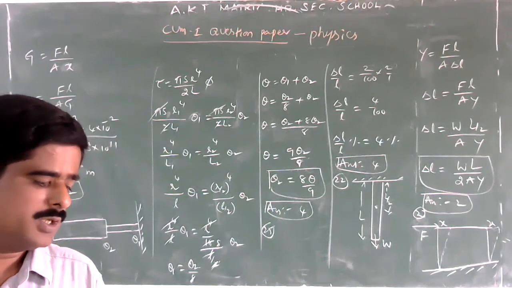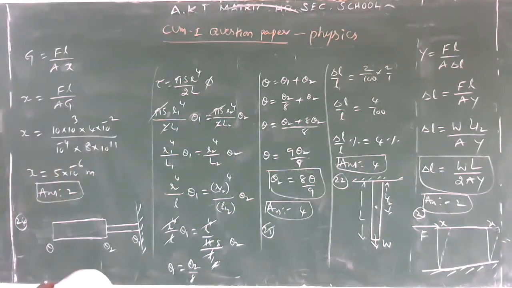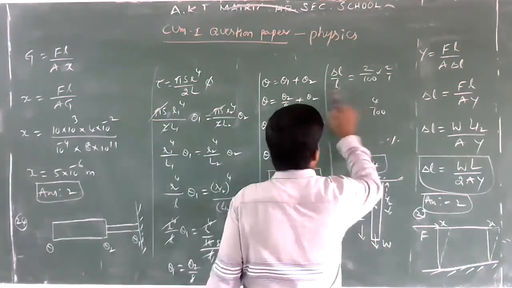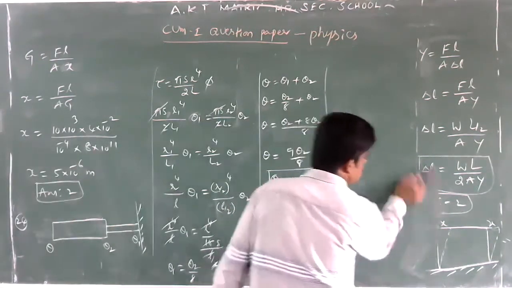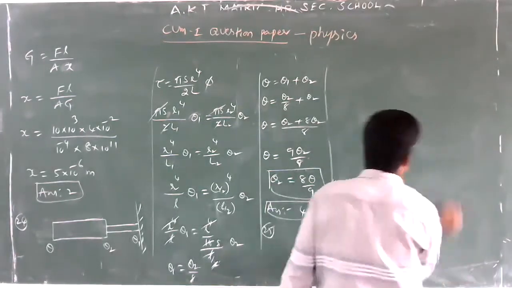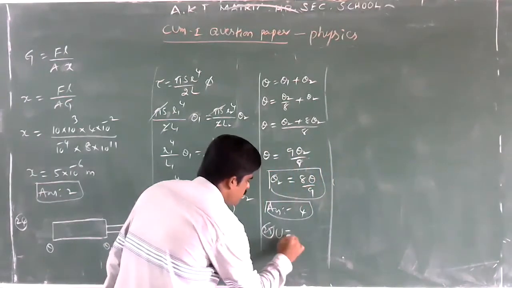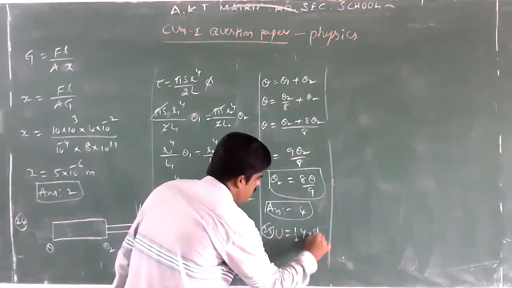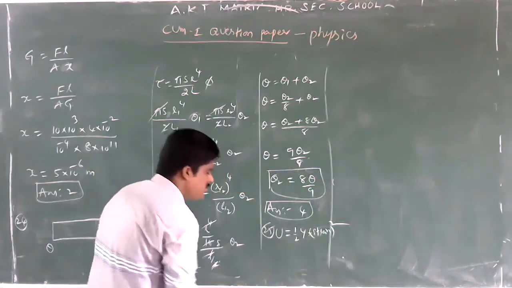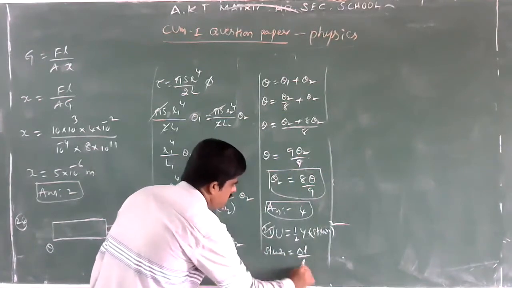Young's modulus is given, and we know that the energy stored per unit volume U is equal to half Y into strain square, in terms of strain and Young's modulus. Here strain is the ratio of change in length to initial length.